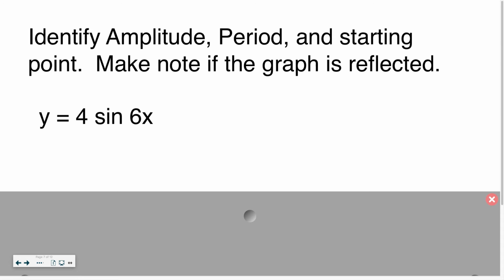But essentially, on most of the homework, this is what I'm going to ask you to do. Identify the amplitude, the period, and the starting point. That's our main goal today, is can we get those things figured out? On Monday, we'll use all three of those things to create what we call the frame or the window for our graph.